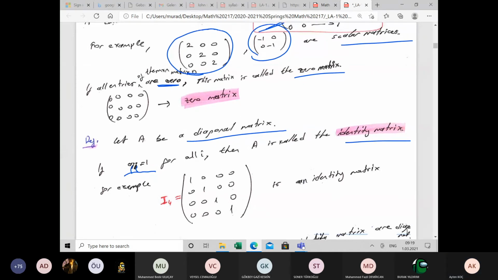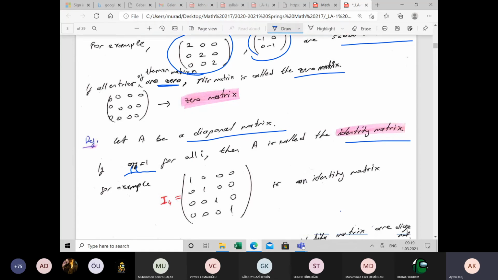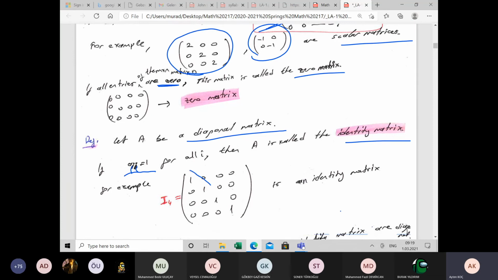So what can you say about the identity matrix: is it a scalar matrix or not? It is a scalar matrix, because a scalar matrix requires the main diagonal entries to be the same scalar, 1, 1, 1. So the identity matrix is a scalar matrix.